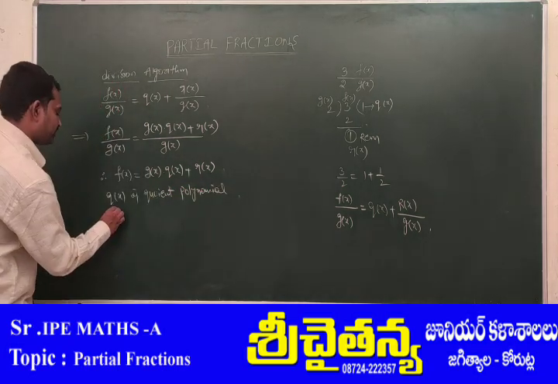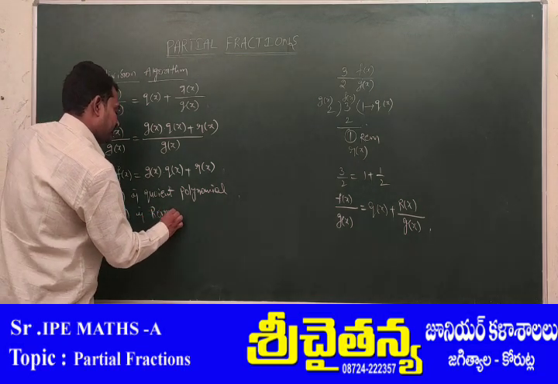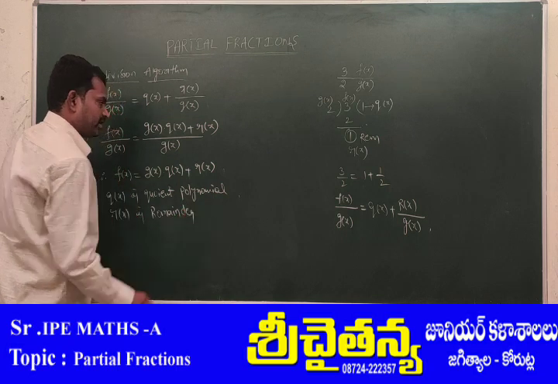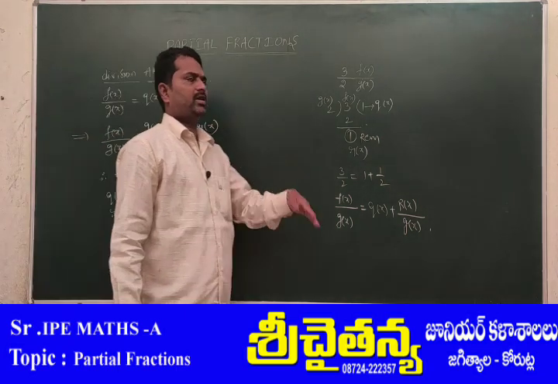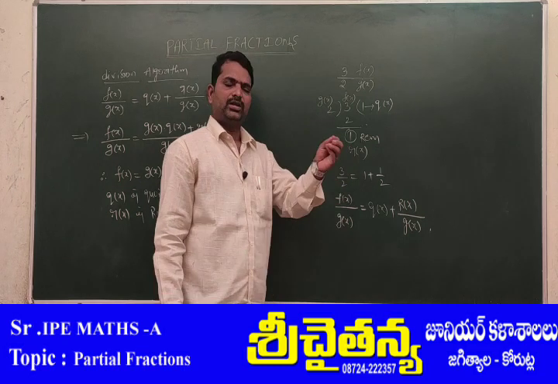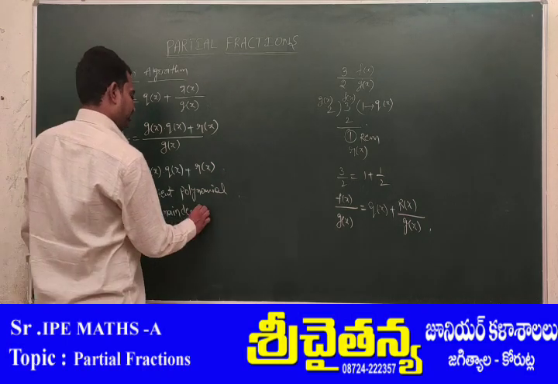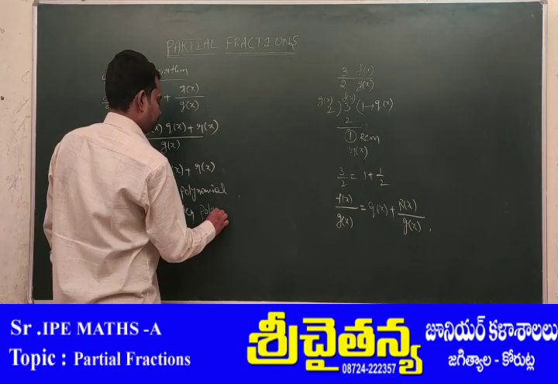and what is r of x? It is the remainder. Sometimes a remainder will come when we are dividing a number by another number. Sometimes we will get a constant remainder, any other value. At other times we will get 0. Same like that, r of x is the remainder polynomial.